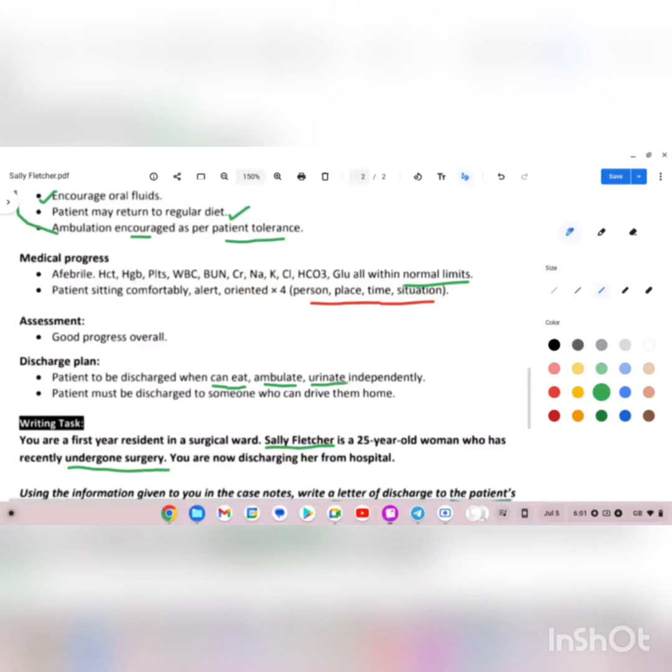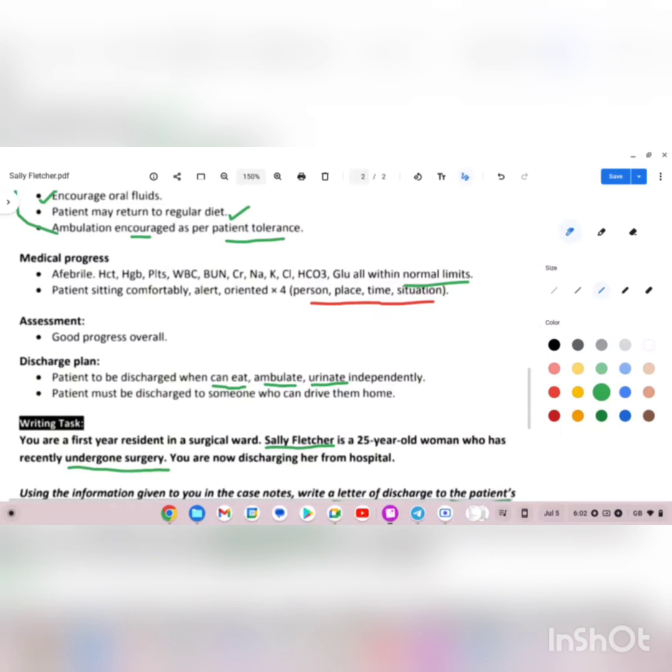When the patient is able to eat, move by herself, and urinate independently, then the patient is going to be discharged. We don't know yet at the moment when the patient is going to be discharged, but you are writing this letter on that point.